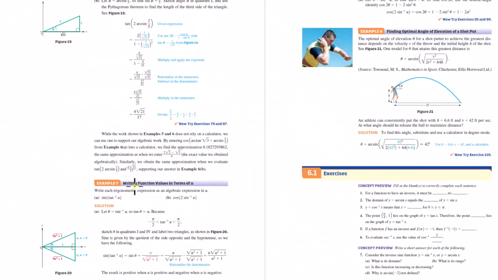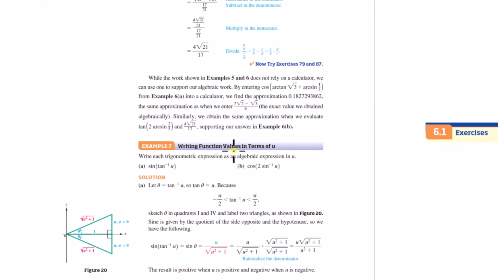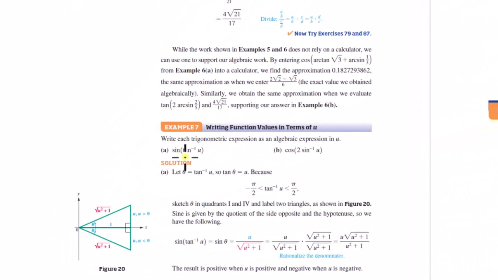Okay. Writing function values in terms of u. So we have the sine of inverse tangent of u. Is there a way we can simplify this? Well, the inverse tangent of u is what angle, when you take the tangent of that angle, do you get u?